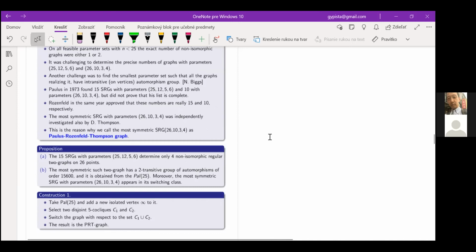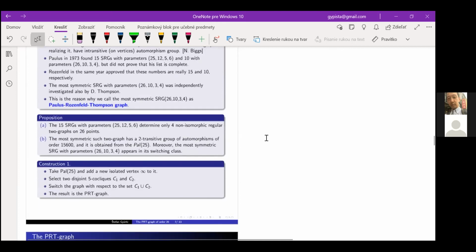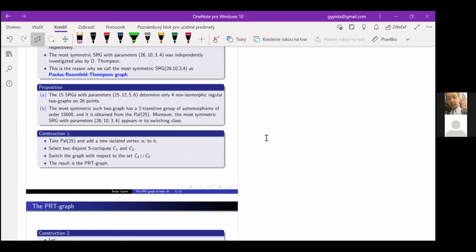And what we know about their two-graphs is that the 15 strongly regular graphs with the mentioned parameters determine only 4 non-isomorphic regular two-graphs on 26 points.